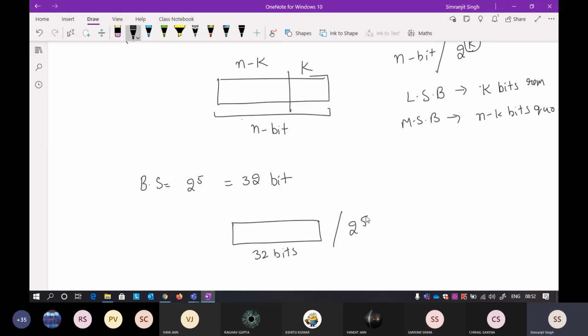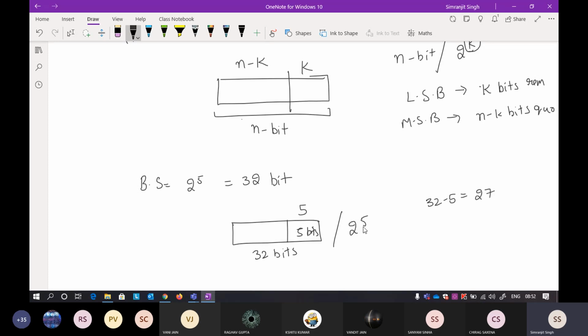Now what it means is that you are taking this particular part and reserving the 5 bits here. When you do it, the least significant 5 bits will be your remainder, and the most significant 32 minus 5 bits, what is it?